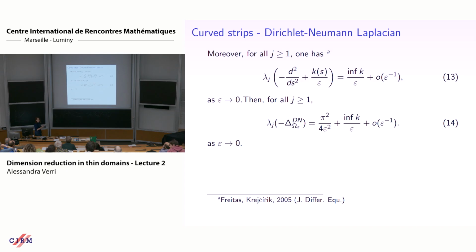If there are no eigenvalues, the infimum of k over epsilon is a lower bound of the essential spectrum, because we are going to analyze this in the limit when epsilon is small enough.